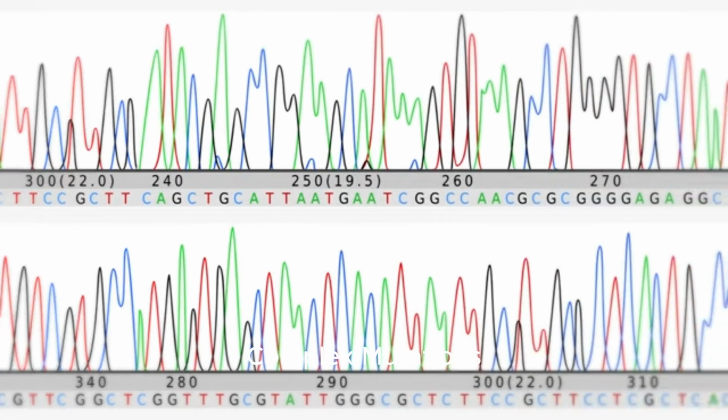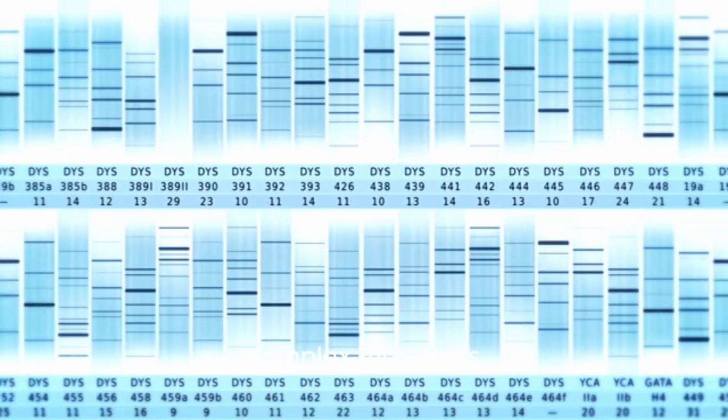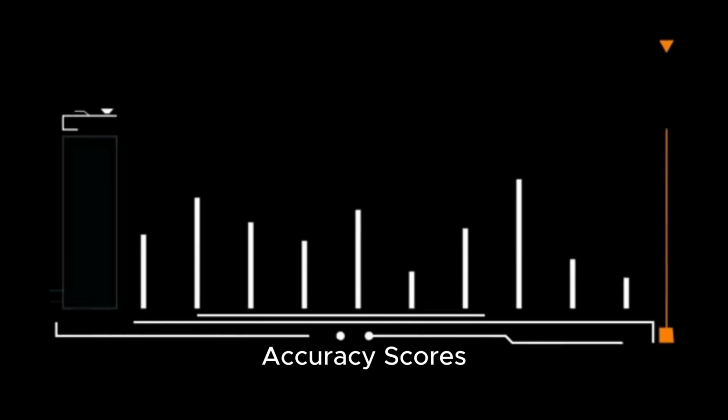DeepSomatic demonstrated superior performance compared to other established methods across all 3 major sequencing platforms. Complex mutations. The tool particularly excelled at identifying complex mutations known as insertions and deletions (indels). Accuracy scores.